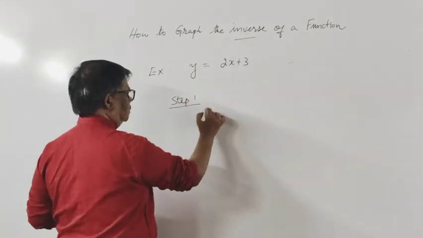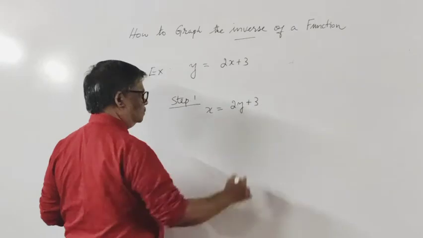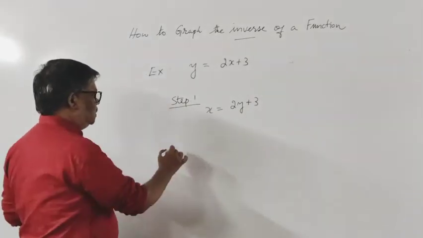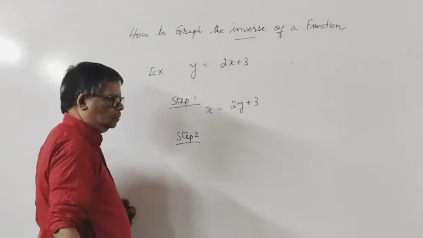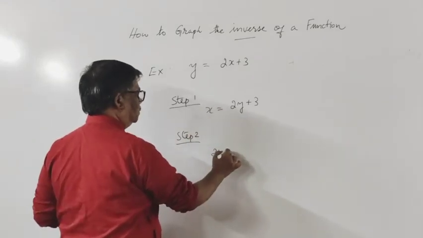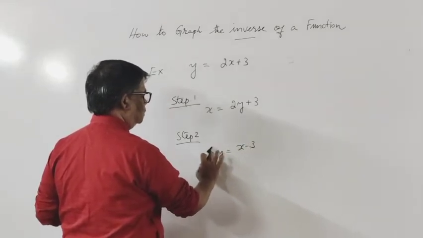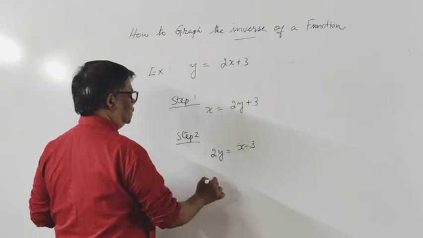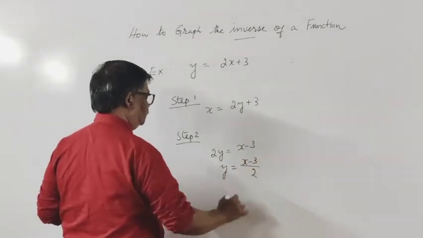That means you write x is equal to 2y plus 3. Second step is to solve for y. That means from here you have 2y is equal to x minus 3. So y is equal to (x minus 3) by 2.